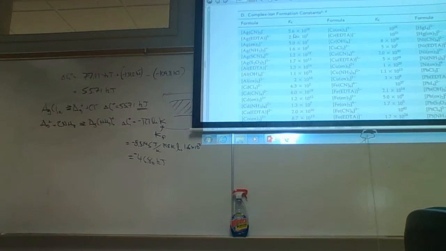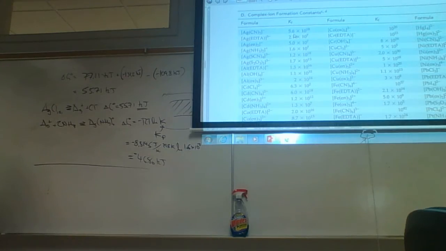So when I add these two together, what do I get? Is that what you got? 41.1 kilojoules? Negative 41.1? Let me just redo that, thanks.